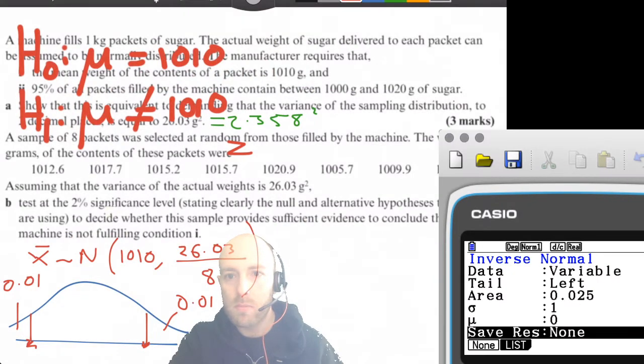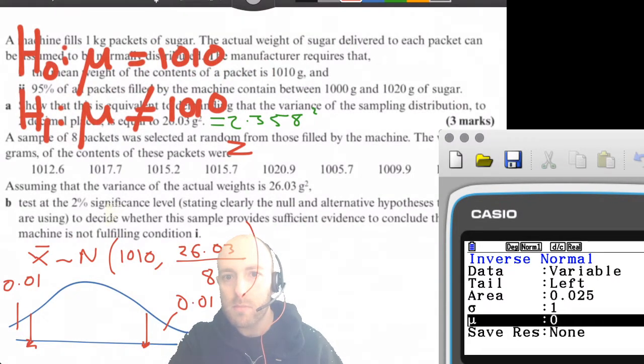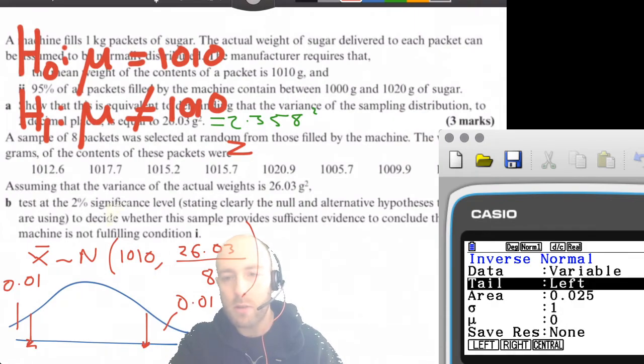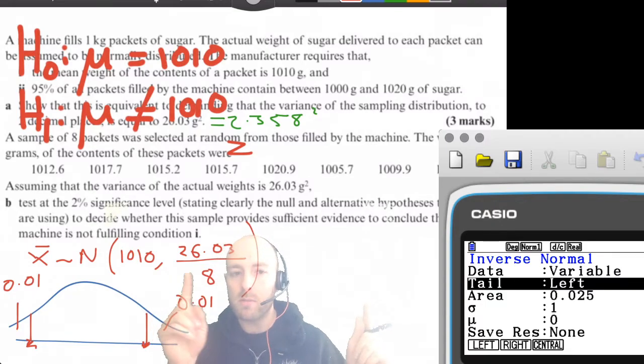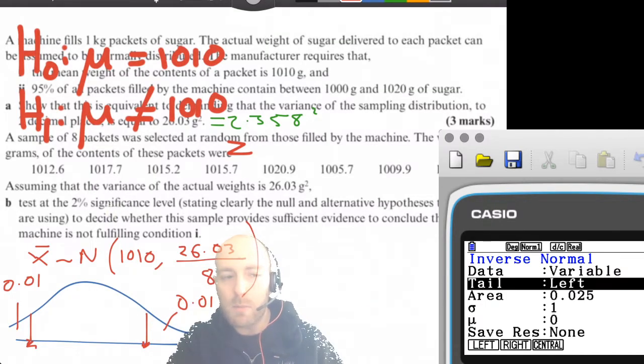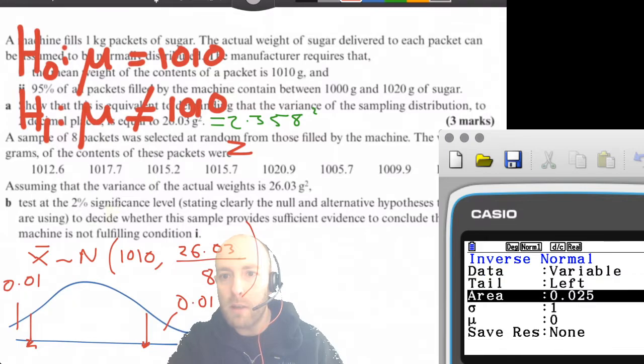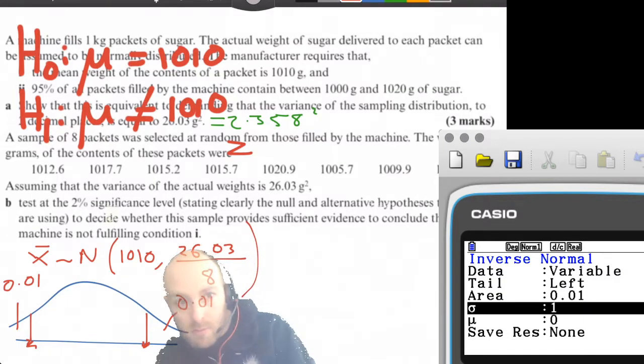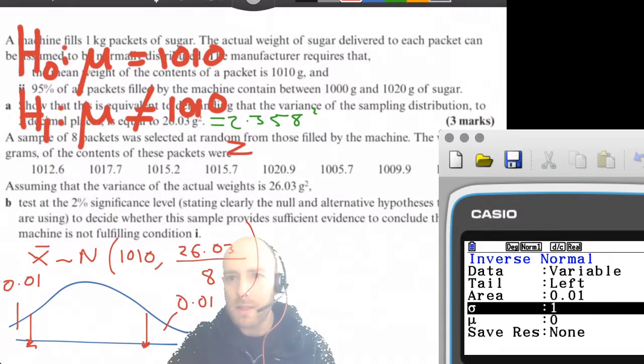Inverse normal. We're going to do tail. We'll do left and right separately. If you want, you can do central and do them both at once, which is kind of nifty. So we do left first, area 0.01. Sigma is root 26.03 divided by 8, all square rooted.